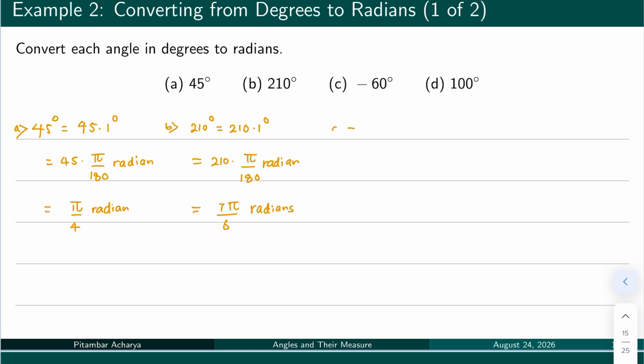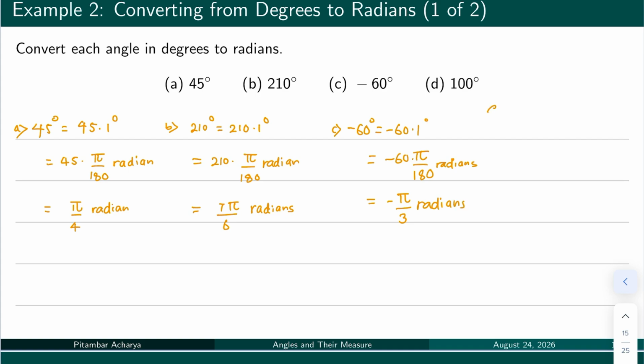Negative 60 degrees equals negative 60 times 1 degree, which is negative 60 times pi over 180 radians. So this is equal to negative pi over 3 radians.